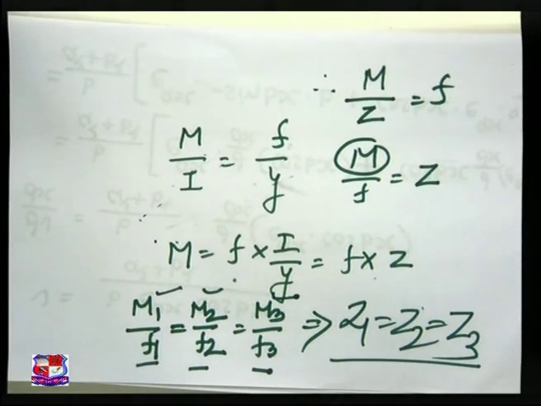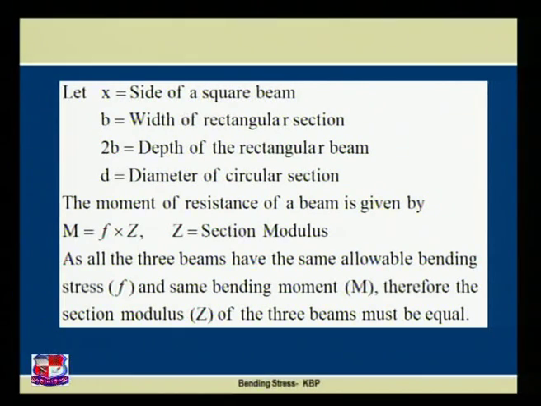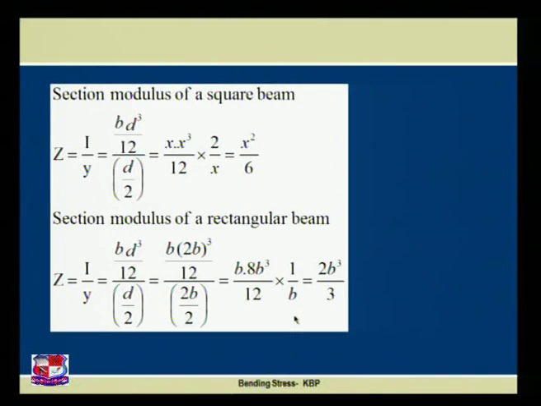Now, coming to this PPT, it states that as all three beams have the same allowable bending stress and the same bending moment, Z of all three beams must be equal.